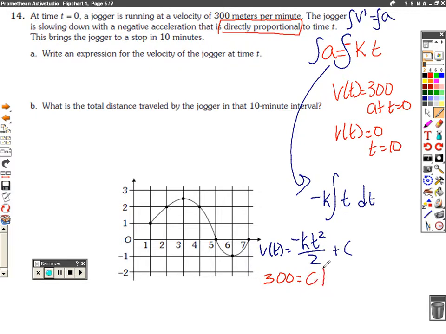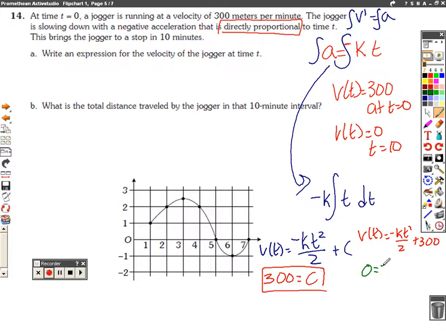Now I know my value of c, right? So I can plug that in. So velocity so far, we know that v of t is negative k t squared over 2 plus 300. And now I can also use this second piece of information to find out what k is, because we really need to know that. We know that the velocity is 0 when t is 10.